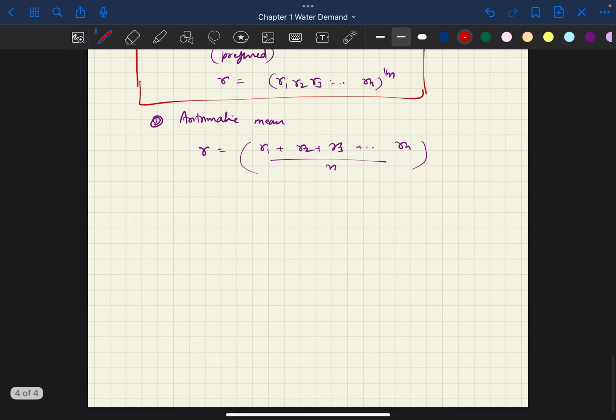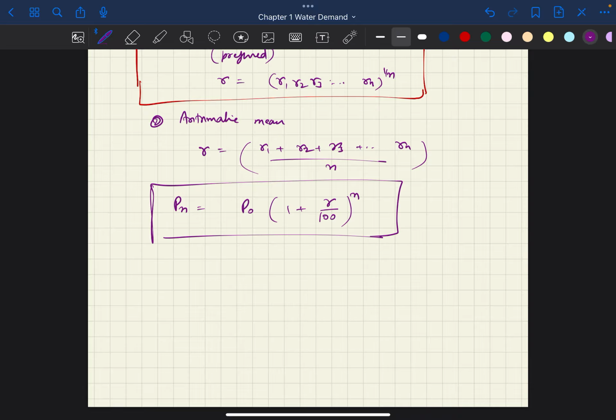So what is the general expression for calculating the nth population? Pn is equal to P naught into 1 plus R by 100 raised to power n. This is the general expression.